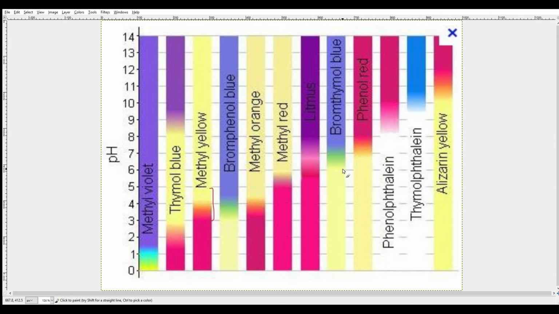We want something that's going to change somewhere inside of here, so something that is going to have an equivalence point at a pH of 7. We'd probably want to use bromothymol blue because that one is centered around 7. Phenolphthalein, for that one, we could see its range is around here. So that one, maybe something that's going to be more basic around its equivalence point. Phenolphthalein would be helpful.